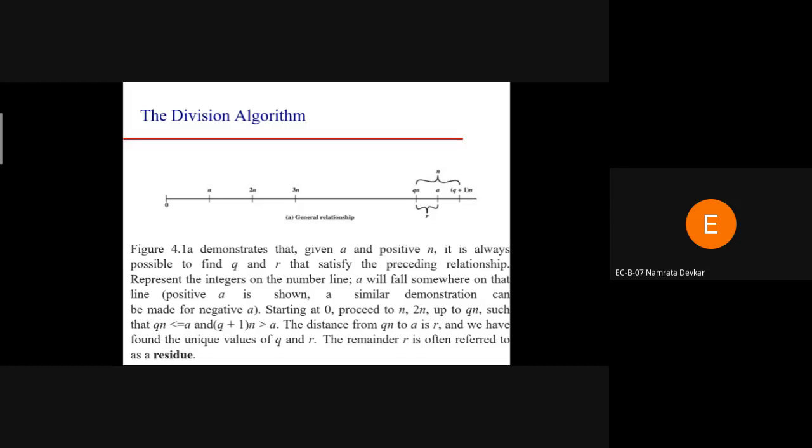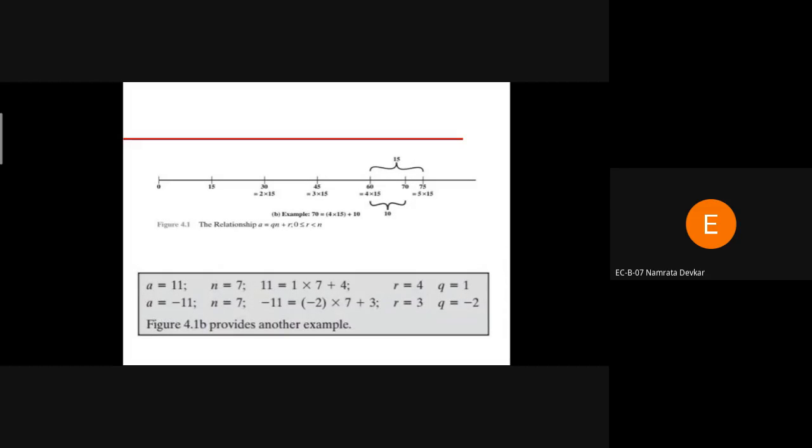Now we'll take this demonstration using a simple example. The value of n is 15, right? So we start with 0, then the value of n is 15, so we represent 15 here. After that we take the multiples of n, that is 2n, 3n, 4n, 5n.